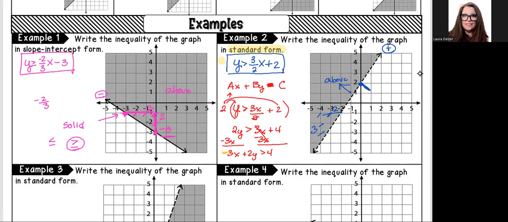And so the way that we get rid of it is we can multiply this whole inequality by a negative, and it will flip all the signs. So we're going to put a -1 here. So -1 times -3 is going to give me +3x. -1 times 2y is going to give me -2y. This is going to flip, okay?